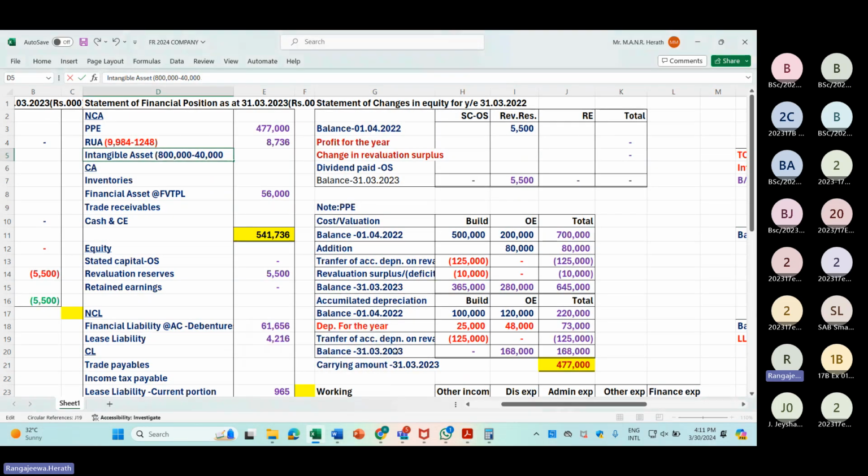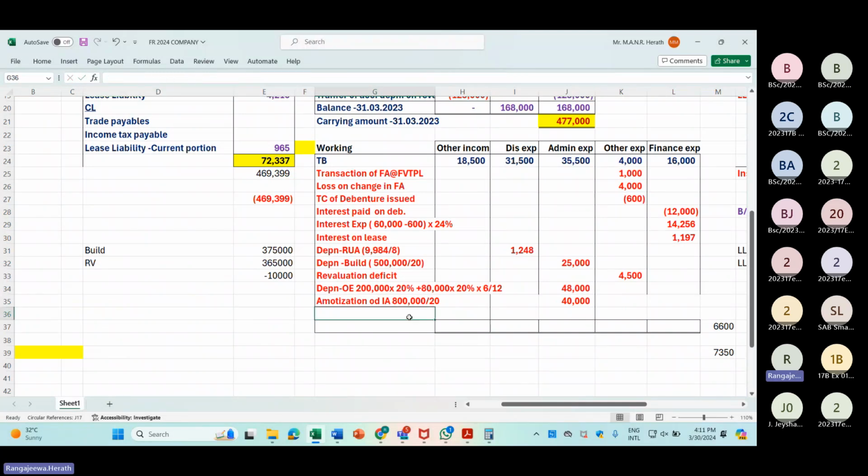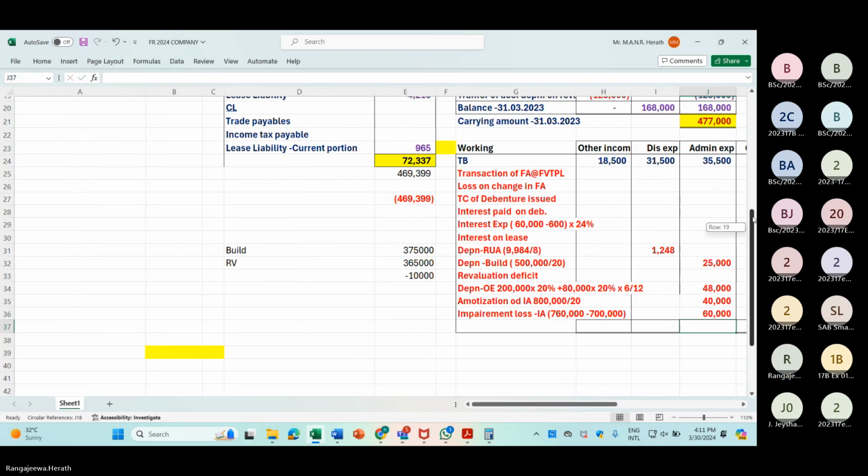You have recognized impairment loss of intangible asset, where 760,000 is the carrying amount whereas the recoverable amount is 700,000. So 60,000 difference, impairment loss.